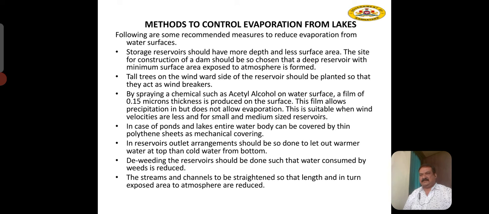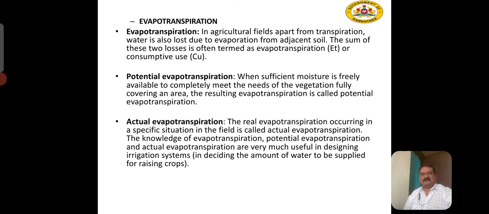In next chapter we will see evapotranspiration. After seeing evaporation, we will see evapotranspiration. So in agricultural fields, apart from transpiration, water is also lost due to evaporation from adjacent soil.